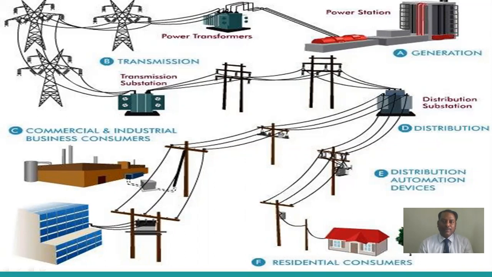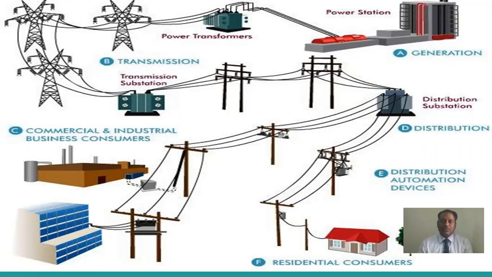The essence of stepping up the power is to transfer it to various places. Transferring power at low voltages has many drawbacks, in the form of losses as well as reduced efficiency.